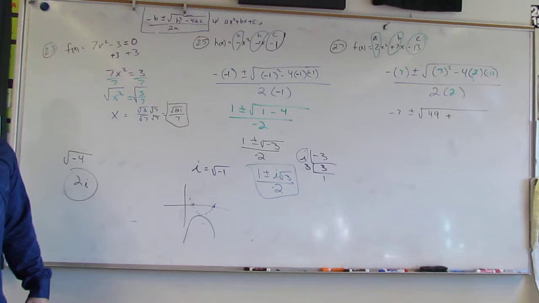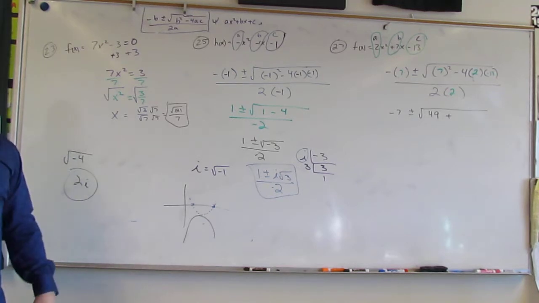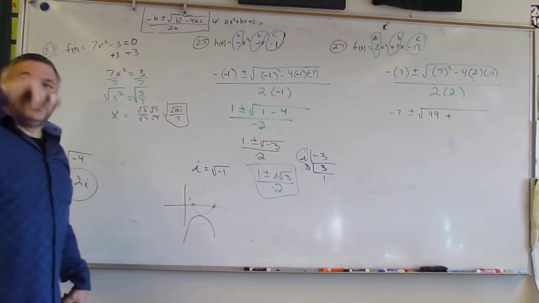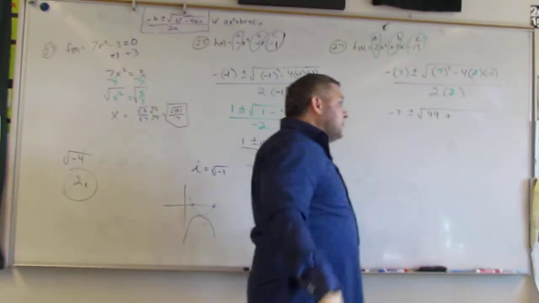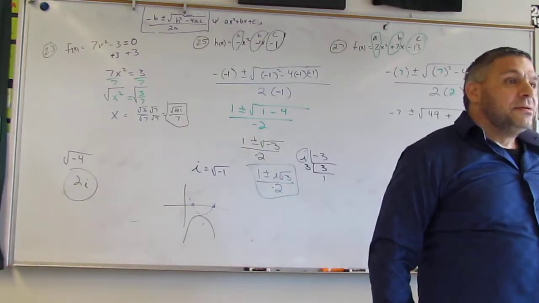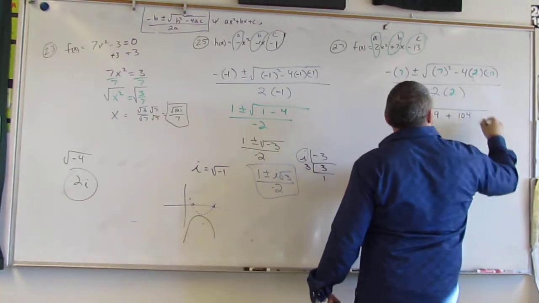Think of it as 8 times 10. 8 times 10 is 80. And 8 times 3 is 24. And what's 80 and 24? That's 104.